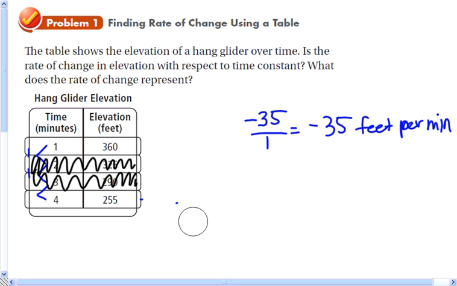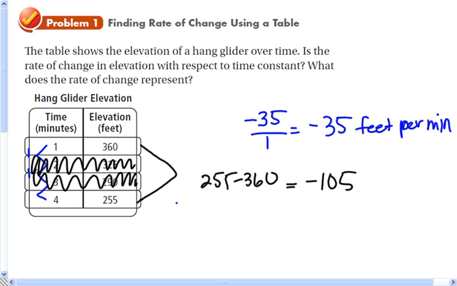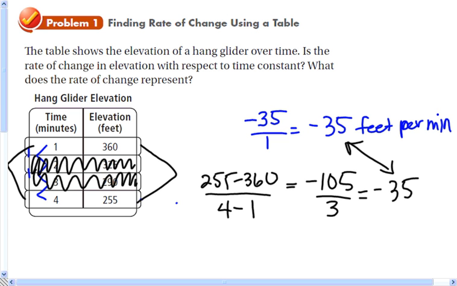Since it's a constant rate of change, it doesn't matter if I subtract 255 minus 360, I get negative 105, but that is for 3 minutes time, and I get that 3 minutes time by subtracting 4 minus 1. And negative 105 divided by 3 is equal to negative 35, which is exactly the same.